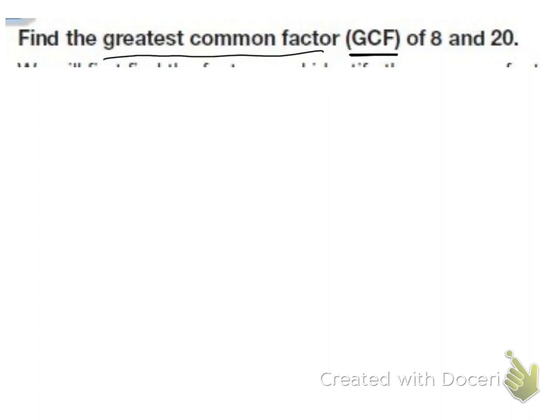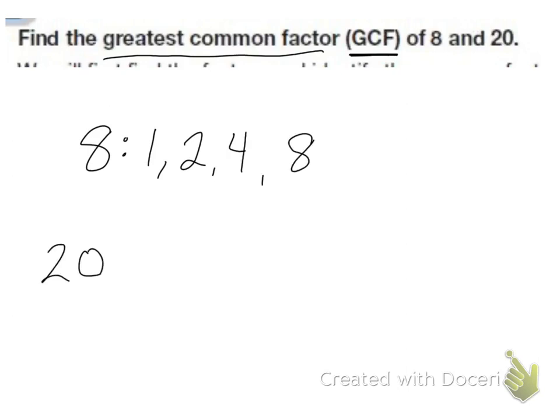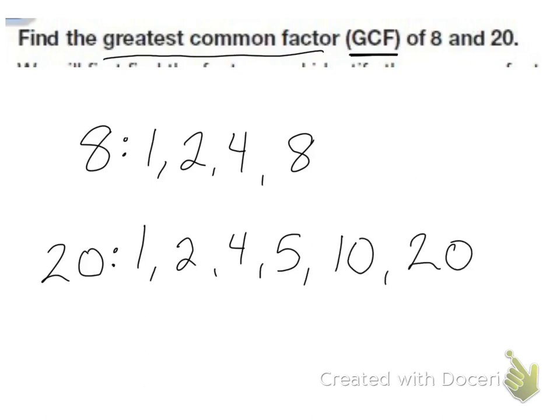So this asks us to find the greatest common factor of 8 and 20. First, let's list the factors of 8. The factors of 8 are 1, 2, 4, and 8. Now let's list the factors of 20. That's 1, 2, 4, 5, 10, and 20.